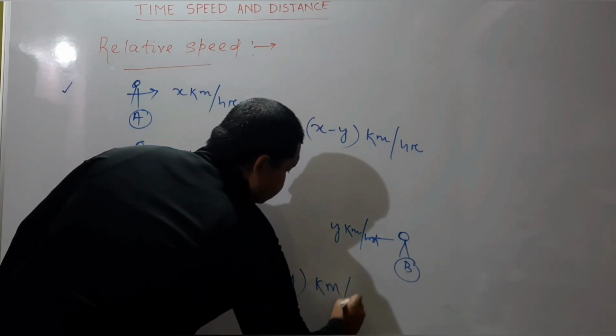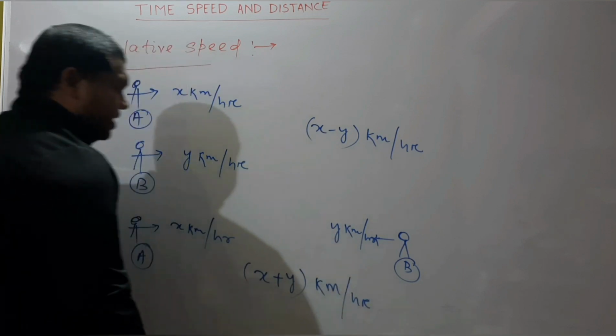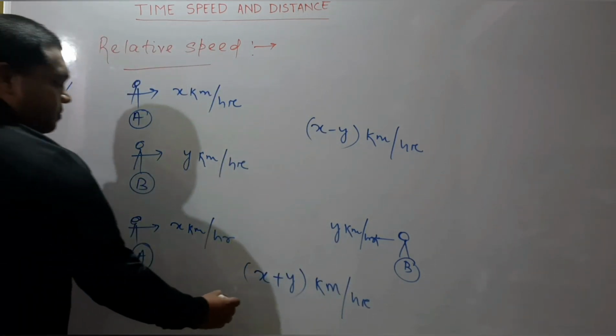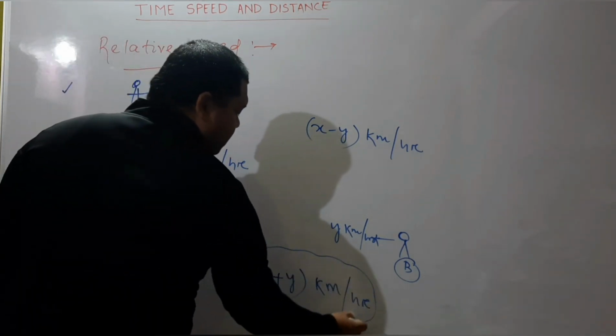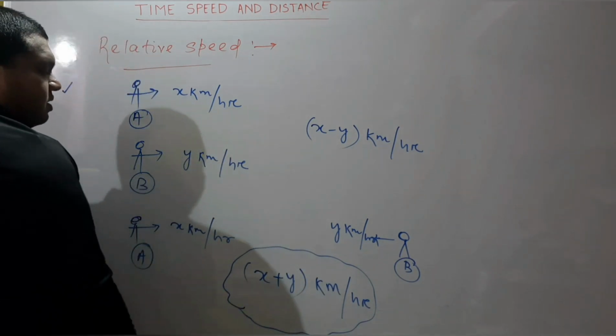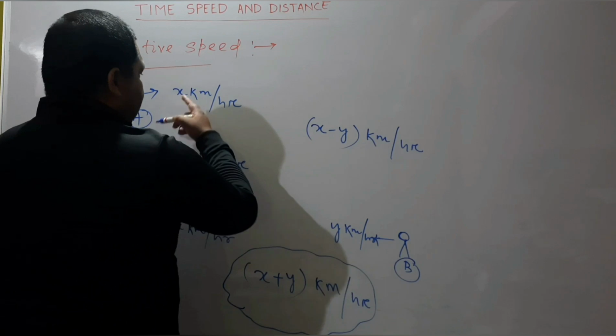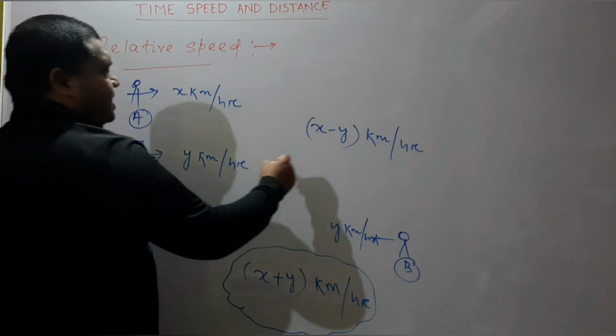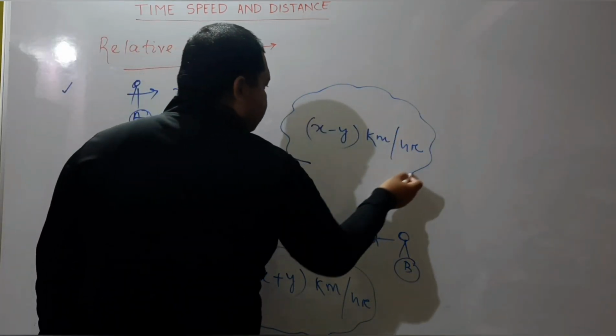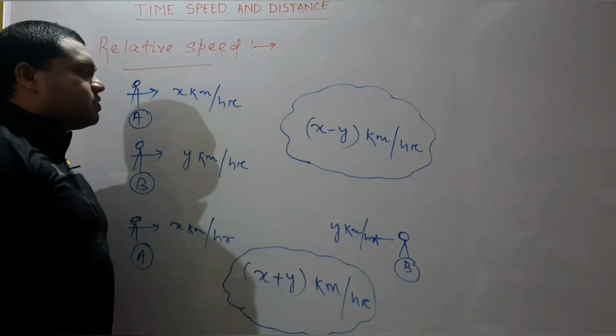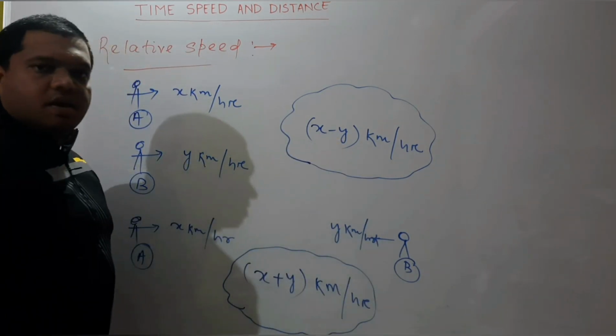And if these two bodies are moving in same direction, this is the formula for relative speed: x minus y. That means higher speed minus the lower speed.